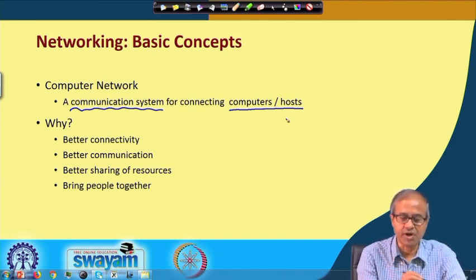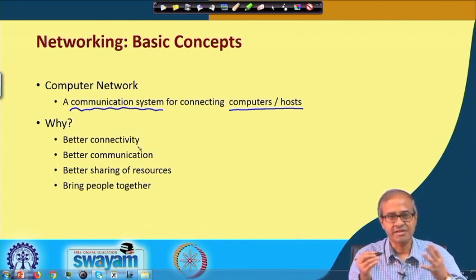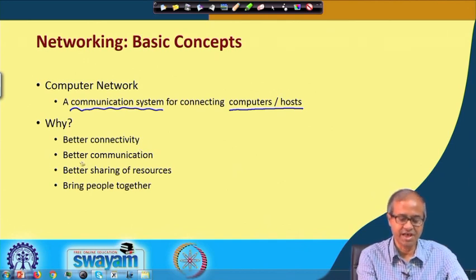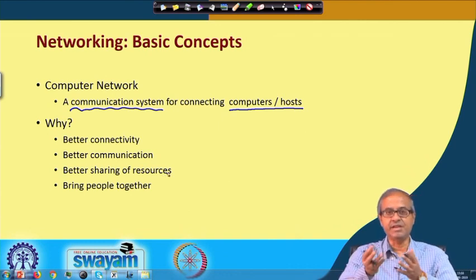Now, the question is, why do we need networking? The reason is very clear, we want to have better connectivity, so that the nodes remain connected with each other, we can have better communication, and obviously sharing of resources.